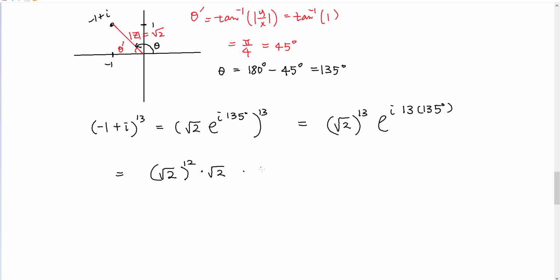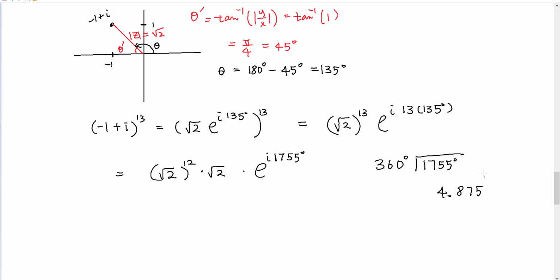And then e to the i, what's 13 times 135? That's 1755 degrees. If you divide 1755 degrees by 360, you get 4.875.